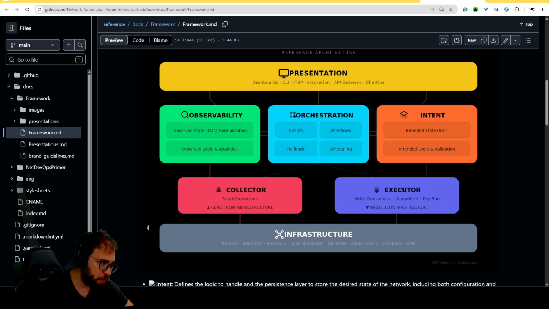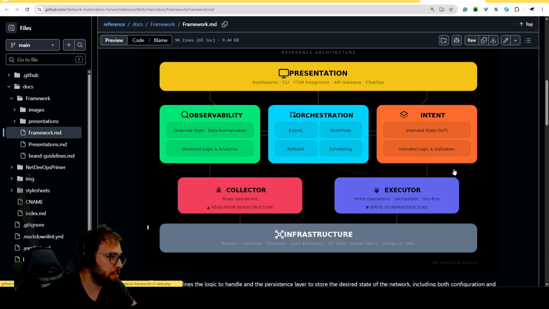Because in the end, network automation is more than just rendering the configuration that we think we must configure to reach those intentions, but really understanding how this will work in the automation ecosystem.